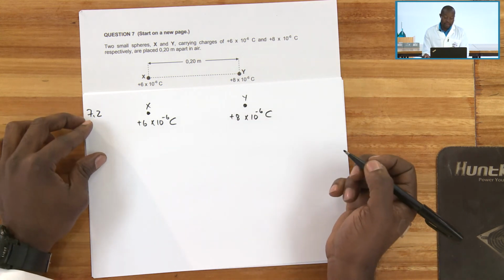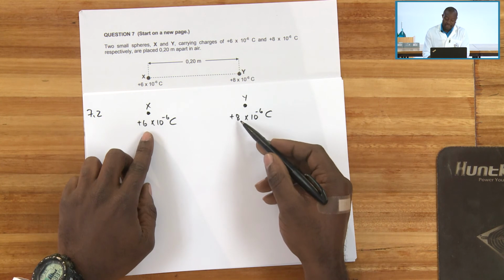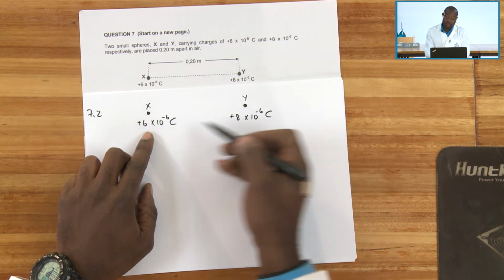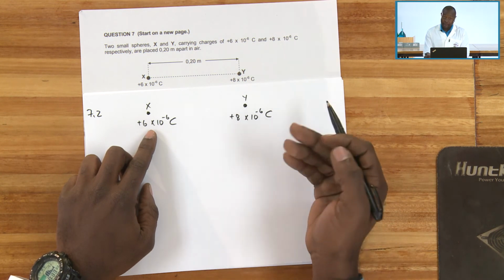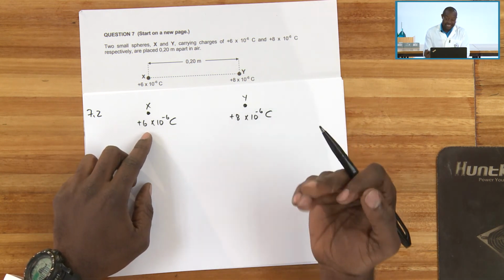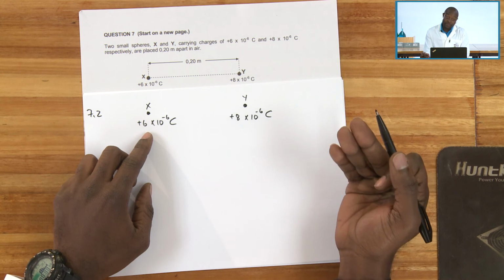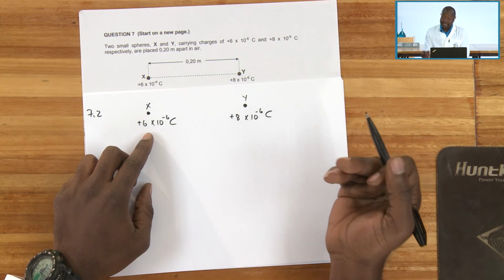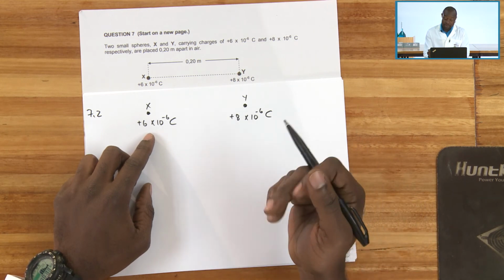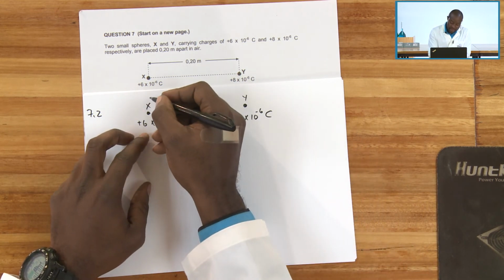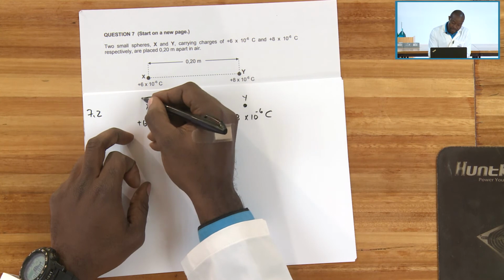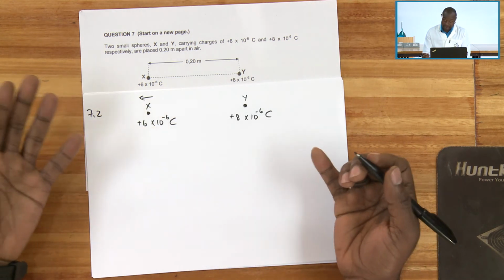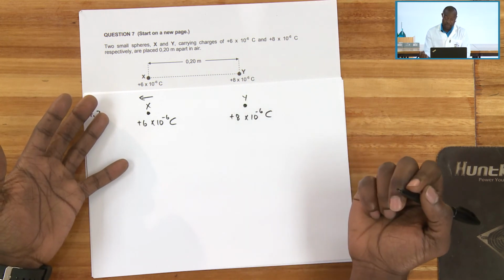And firstly, I'll have you notice that our charges are both positive, so the force between these two charges is going to be a repulsion force. And the question is asking us to find the magnitude of the electrostatic force experienced by charge X. And I'm going to indicate here that it's going to experience a force to the left as a result of the repulsion that it is getting from charge Y.